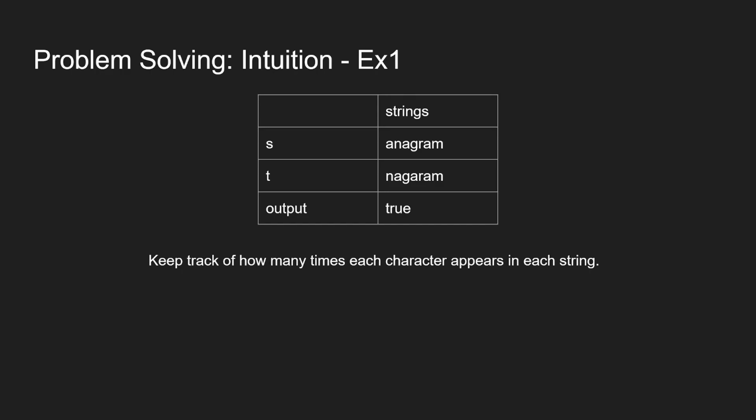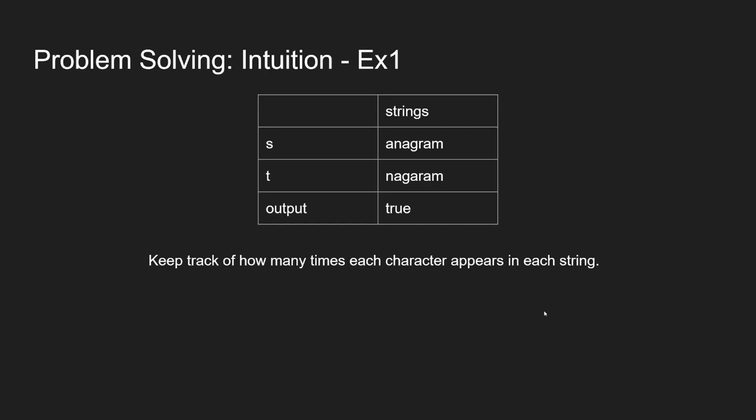So, for example, in anagram, let's look for the letter A. It appears 1, 2, 3 times. And in the other word, A appears 1, 2, 3 times. And you can kind of play the game of canceling them out until you're left with nothing or you're left with differences. And that might be one approach.